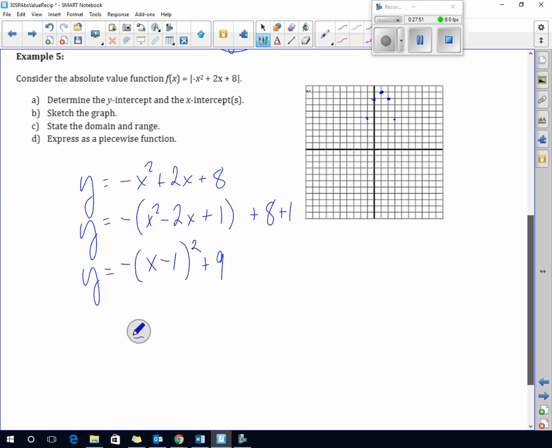But I know I'm going to have to reflect, so I want to do one more: right 3, down 9. Well, that's where it hits the x-axis. Look at that. Isn't it a beauty? There is my y equals negative x squared plus 2x plus 8.